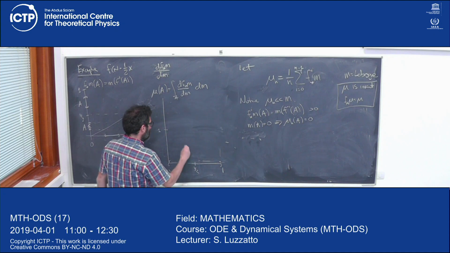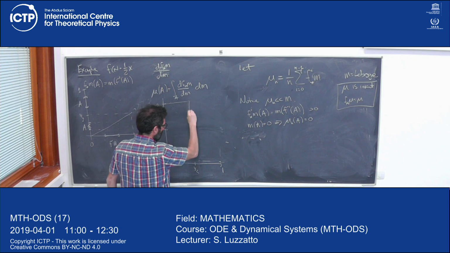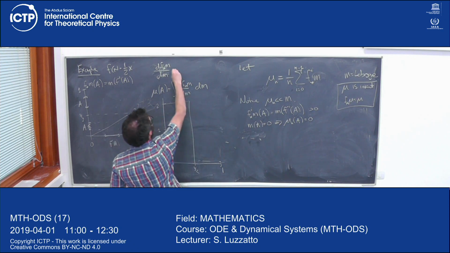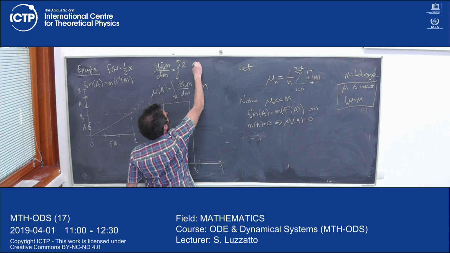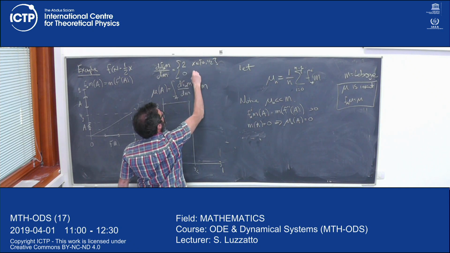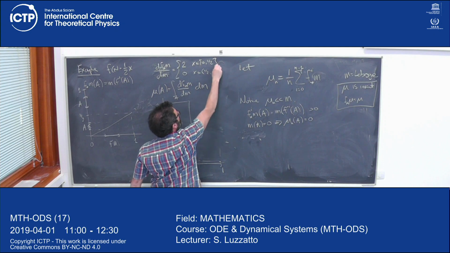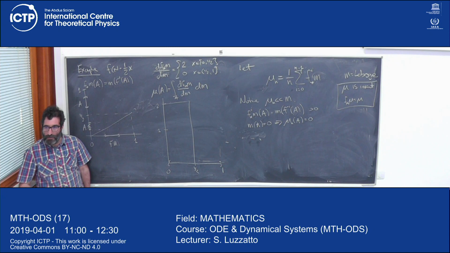So the density is a function that has value 2 here and 0 here, so this is equal to 2 for x between 0 and 1/2, and 0 for x in 1/2, 1. This is what the density looks like.